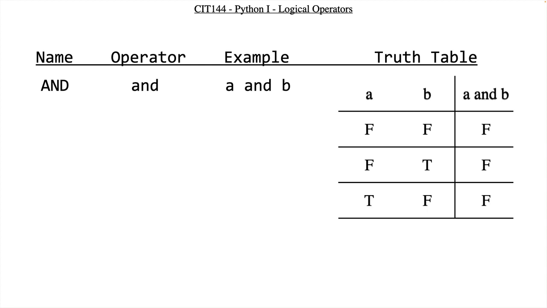The third combination is true and false, and that's false. Finally, in the last case, A and B are both true, so the expression A and B will be true. So that's what a truth table is. It shows you the possible values and result of an operator.